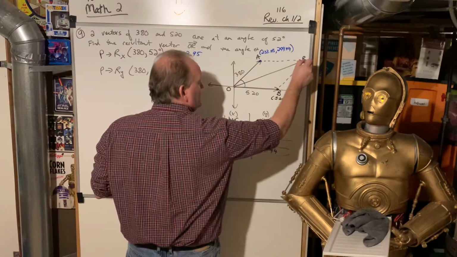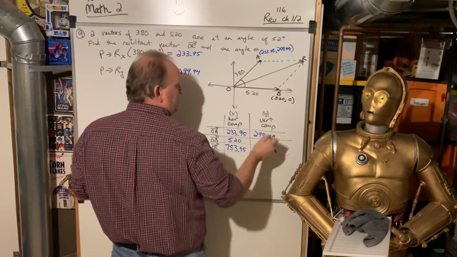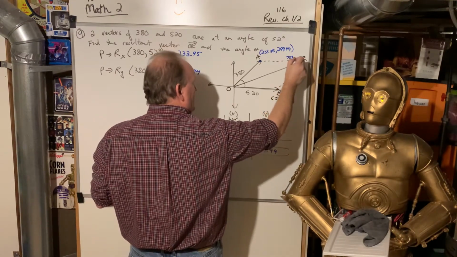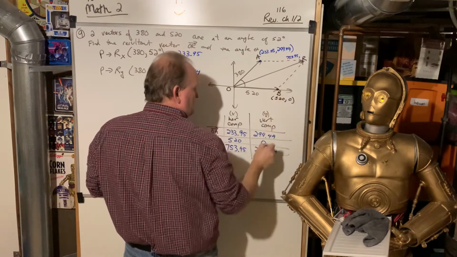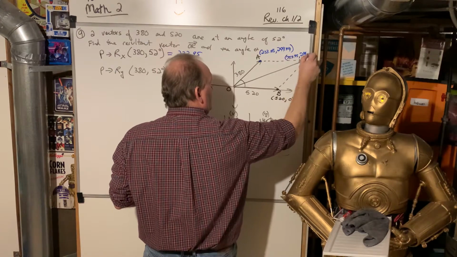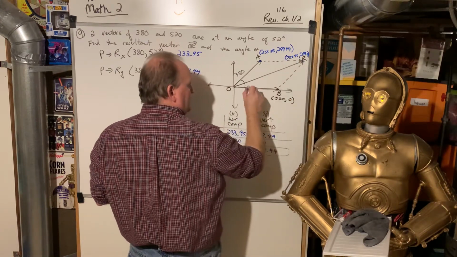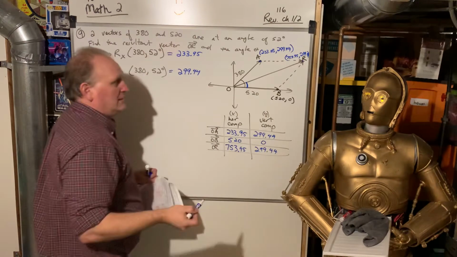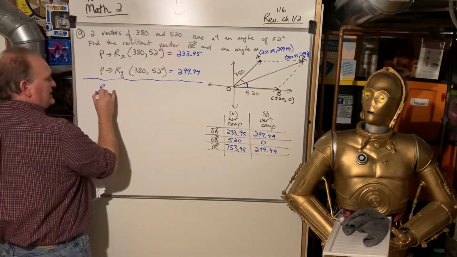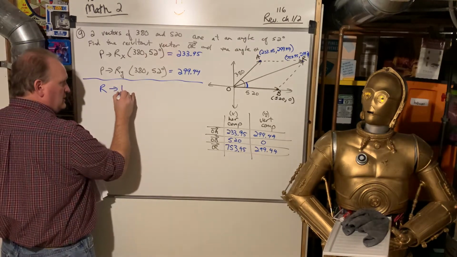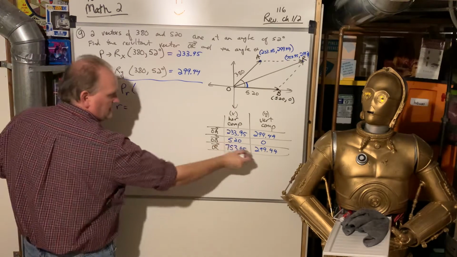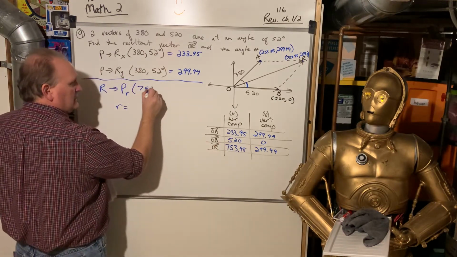I know this vector in rectangular form: 753.95, comma, 299.44. But I don't want that. I actually want to know the length and this angle. So now we go back into our calculators and do rectangular to polar r, that's the resultant vector, and we put in this rectangular coordinate.